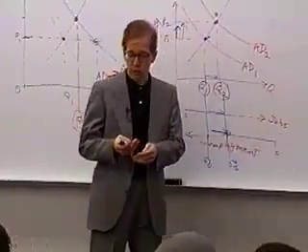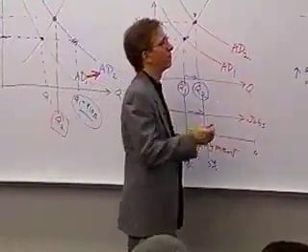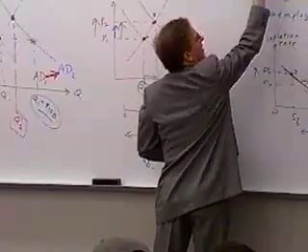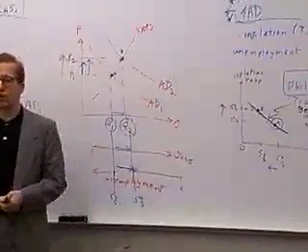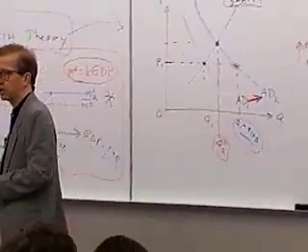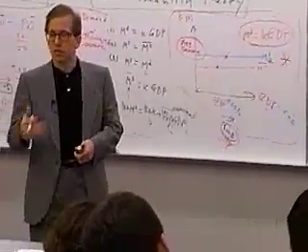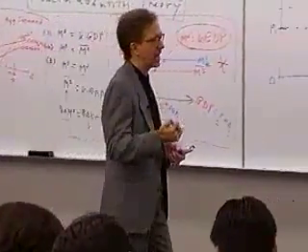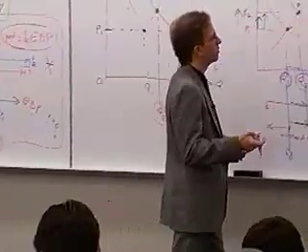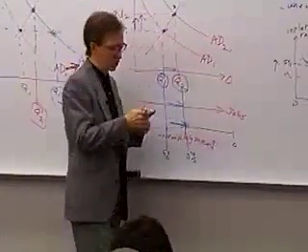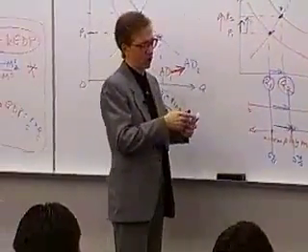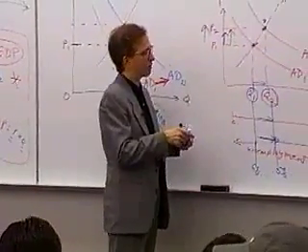Now, here's the real key to understanding the Phillips curve. The thing that's making it happen is a shift in aggregate demand. It's caused by a shift in aggregate demand. By the way, we could reduce aggregate demand and we would see exactly the same kind of Phillips curve relationship. Let me come back to this first diagram I put up here.